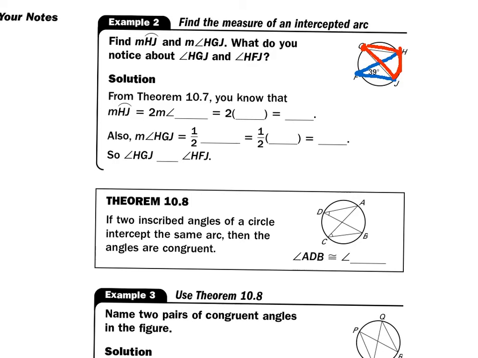That means that angle F and angle G are the same. They're both 39 degrees. And then this arc would be twice 39, and that is 78. And so HGJ would be 39 also. So these are congruent.